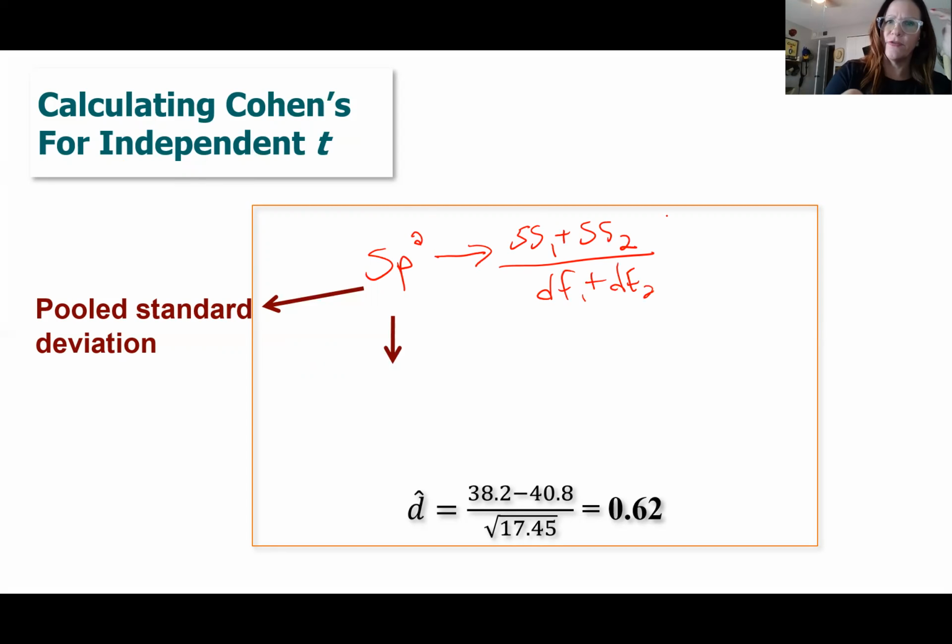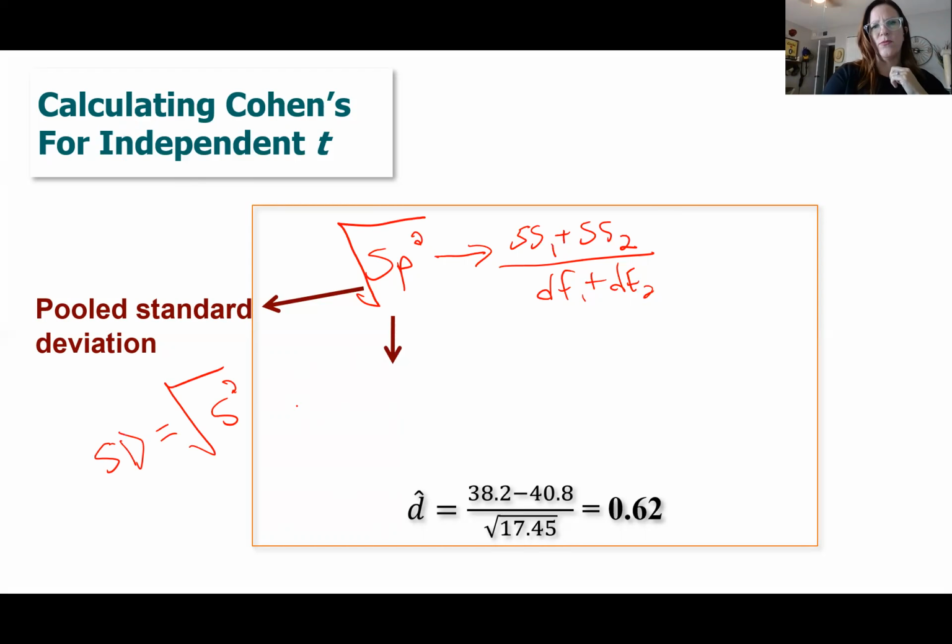Okay, so if you recall, our pooled variance, so a pooled standard deviation is this. Because if you remember standard deviation, to get standard deviation, we would take the square root of variance, right?